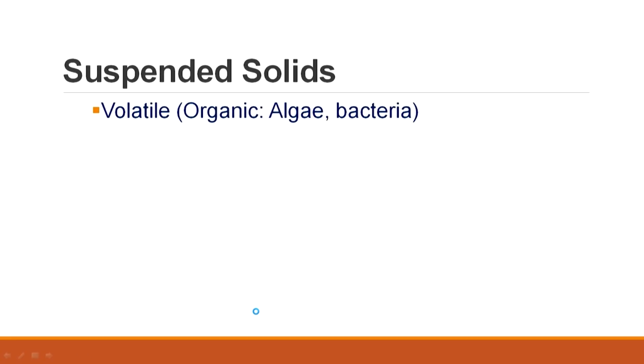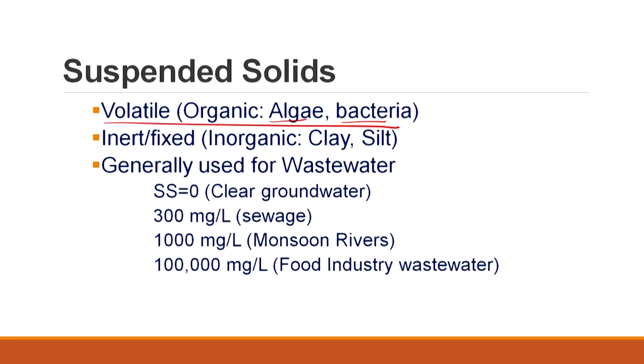So, for suspended solids, you have volatile suspended solids, which measure the organic forms, which is algae and bacteria. Then there is the inert fraction, and generally this is used for wastewater. Suspended solids being 0 is clear groundwater, right, but as we saw even in Haridwar, the groundwater was not really clear.